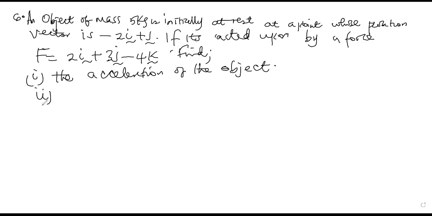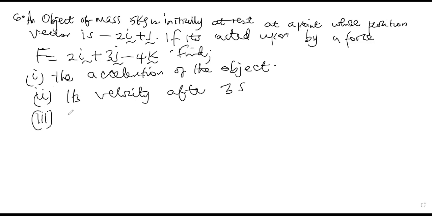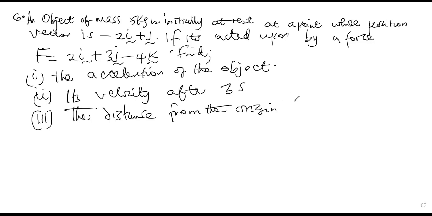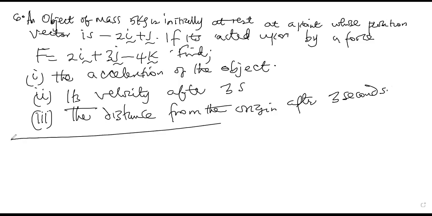Roman 2, its velocity after 3 seconds. Roman 3, the distance from the origin after 3 seconds. Can it be done?